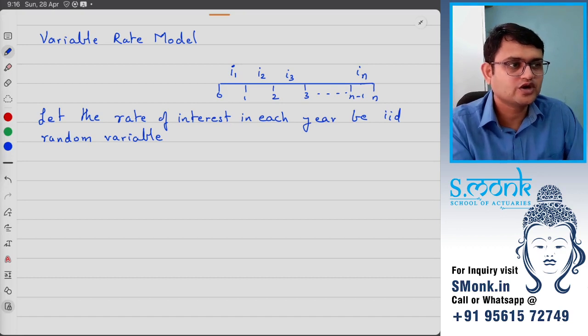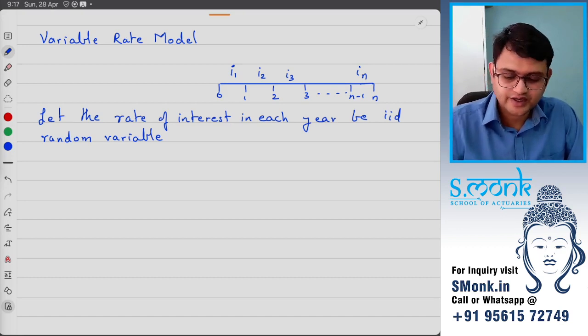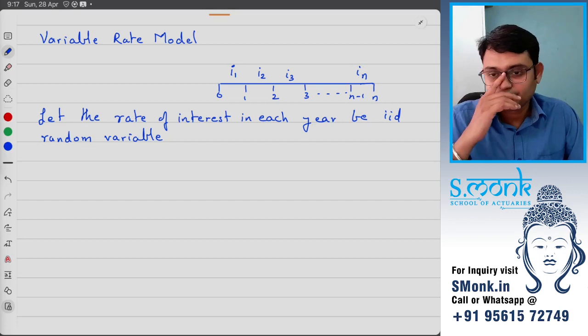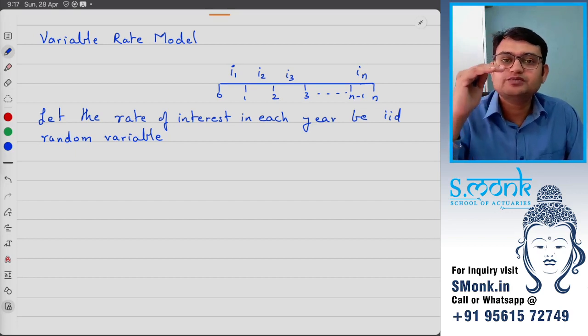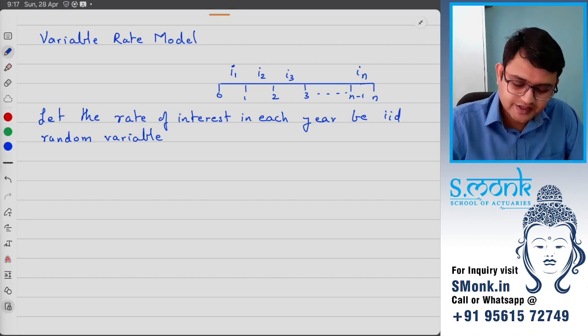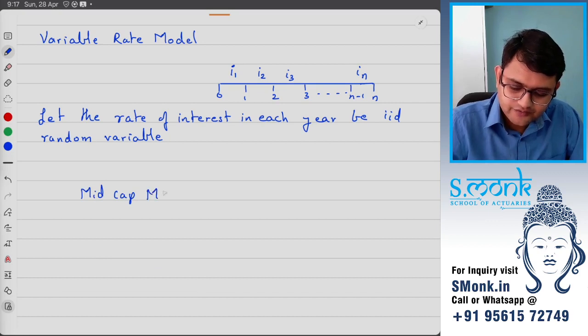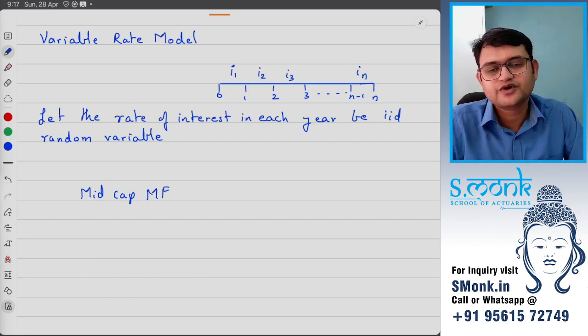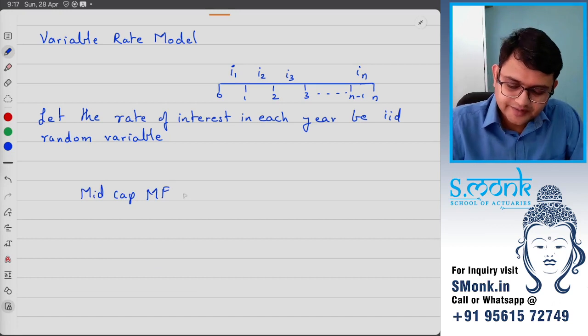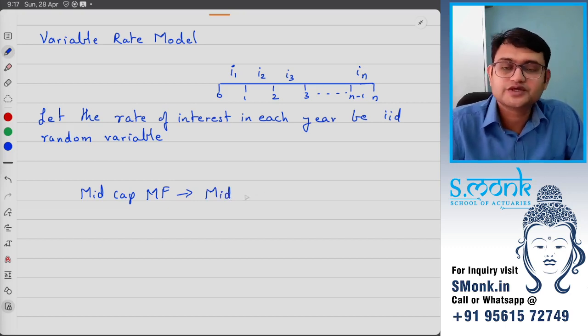So yesterday I talked about mutual funds, right? In a mutual fund, their aim is to keep the risk level exactly same. So when I say that I have a mid cap mutual fund, that just means that we are expecting a mid range of risk.